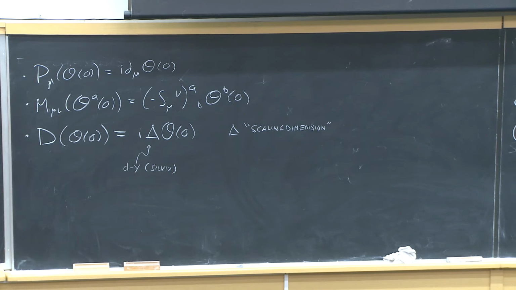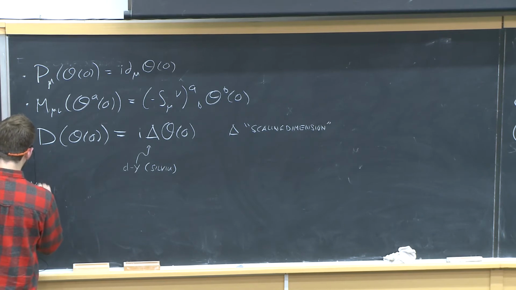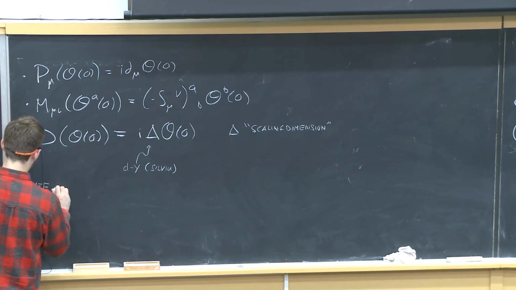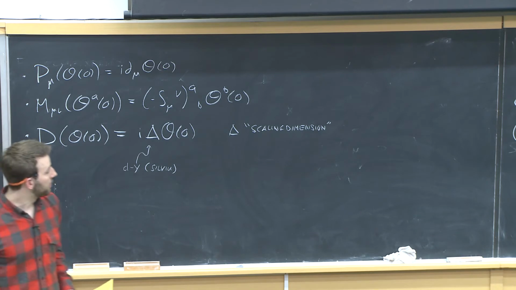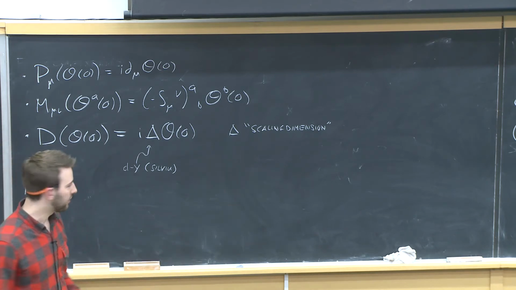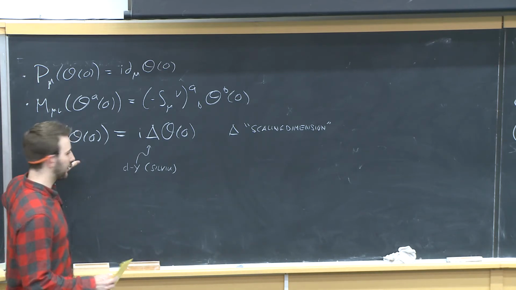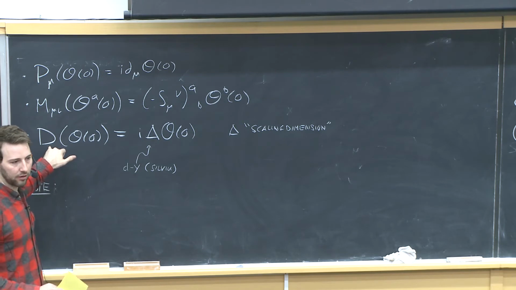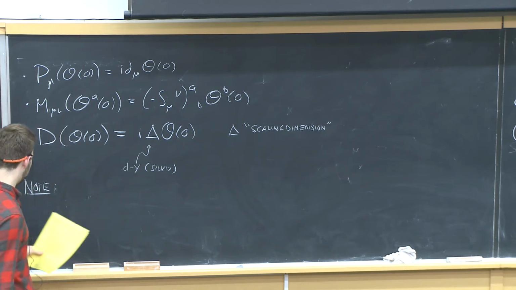And now, to say something about the action of the special conformal generators, I want to first make an observation about the conformal algebra in connection with this idea that the eigenvalues of D are the scaling dimensions.